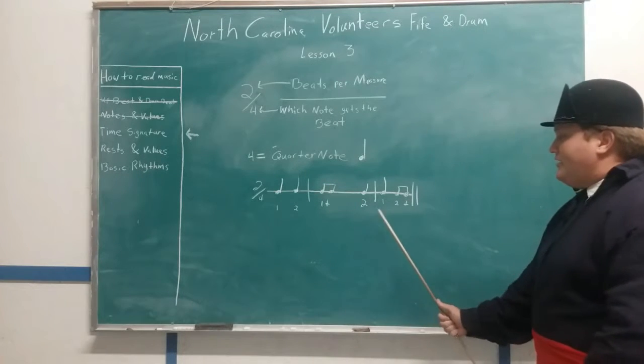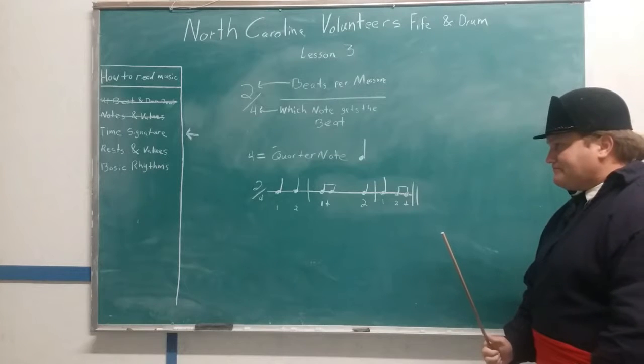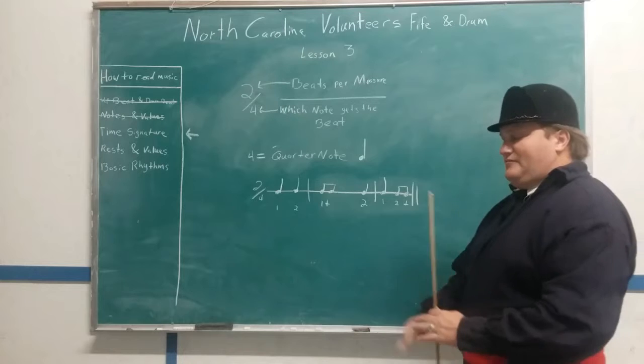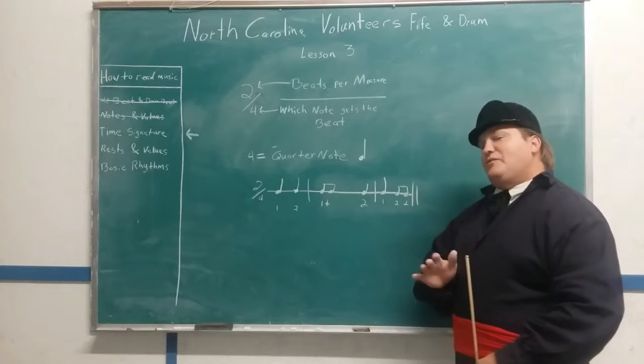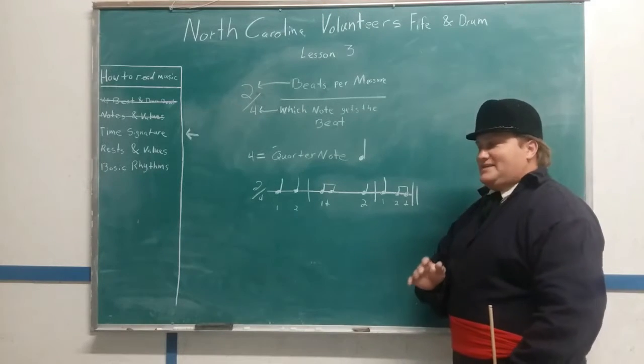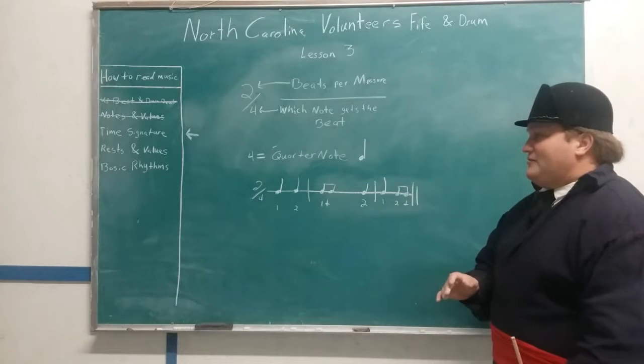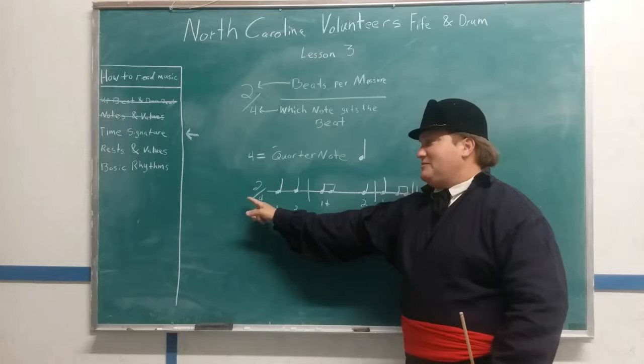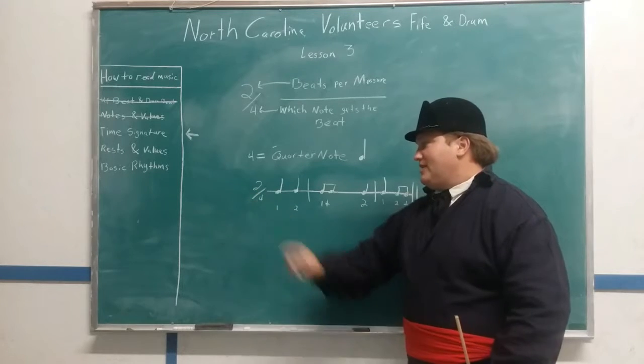Then we have 1, 2, and. Now, I'm sure this might be confusing you for just a moment, but just bear with me. This will all make sense. Okay, so time signature: 2 beats per measure. Quarter note gets the beat.